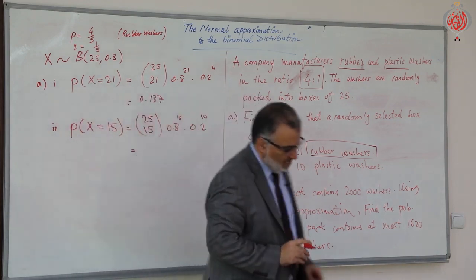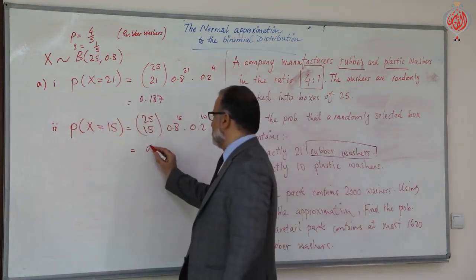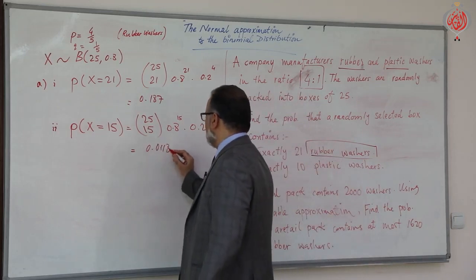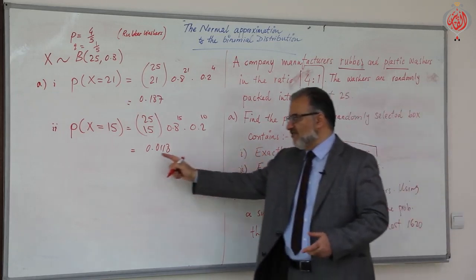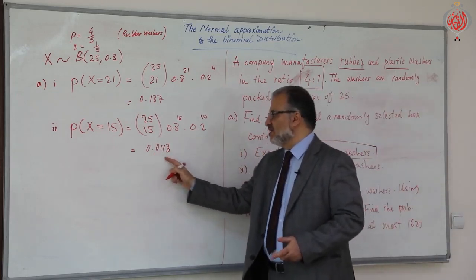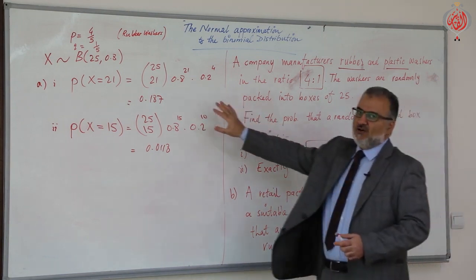The answer will be 0.0118. This is 3 significant figures, not 3 decimals: 1, 2, 3. This is totally a binomial distribution.